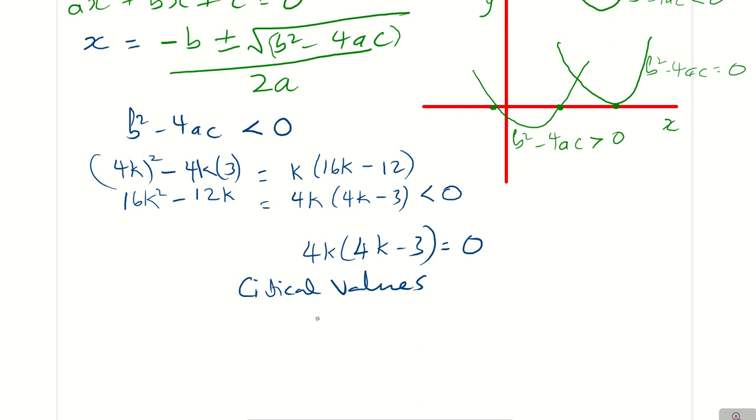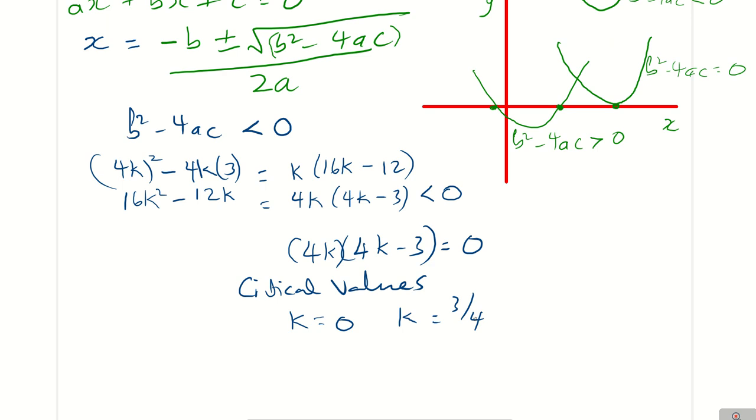Okay, so put it equal to 0 and you'll see that either this bracket here must be equal to 0, in which case k is 0, or this bracket here must be 0, in which case k equals 3/4. But we don't want 4k brackets 4k minus 3 to be equal to 0. We want it to be less than 0.